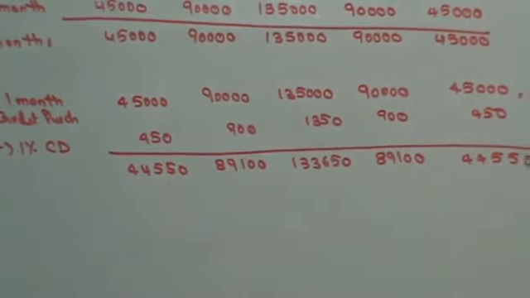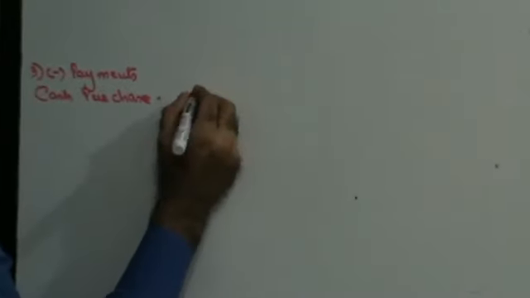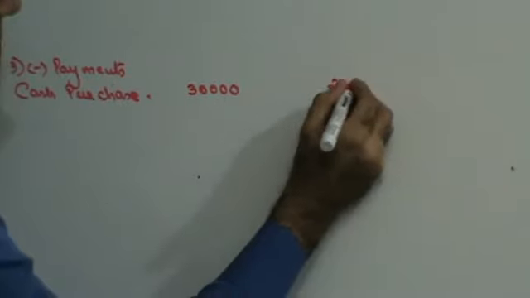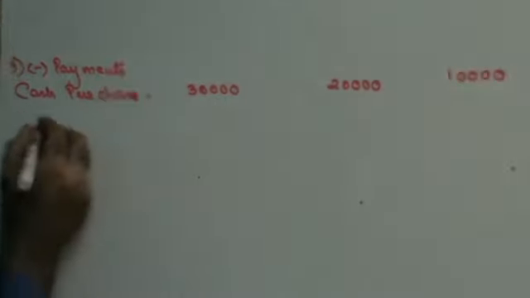Right? Let's make the entry for this. Cash purchase for Jan is 30,000, for Feb is 20,000, for March is 10,000.